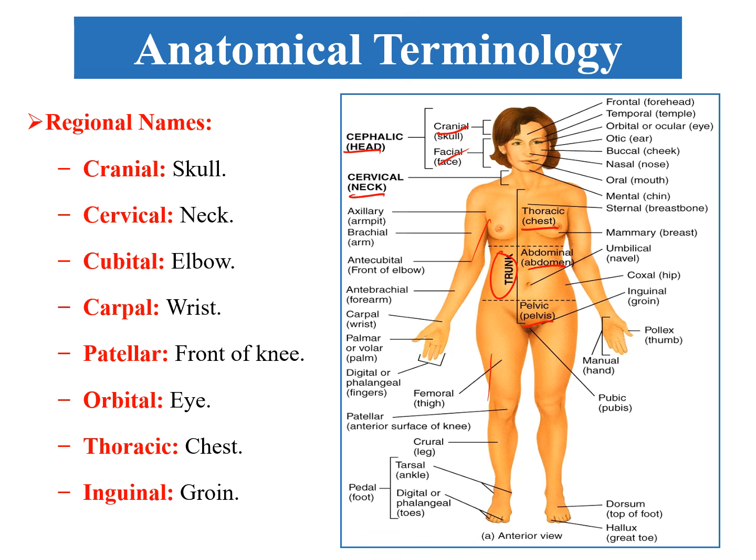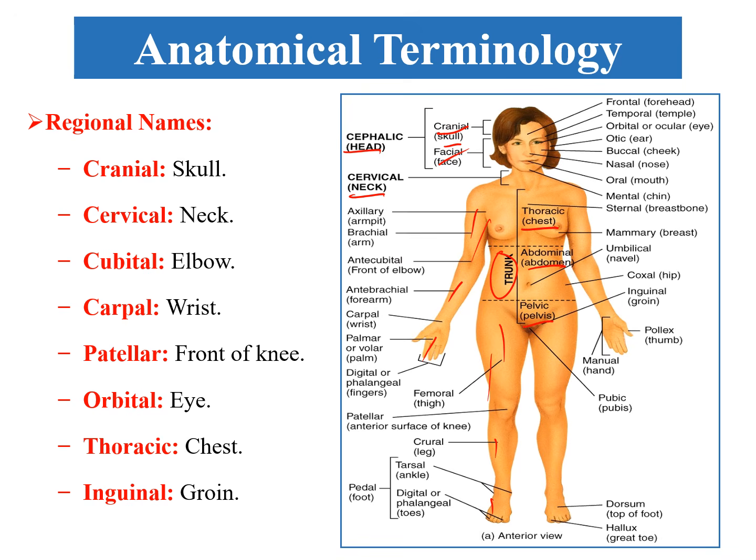Then the upper limbs have different regions. They have the arm, the forearm, as well as the palm, and so on. Then the lower limb has the thigh, the leg, as well as the foot and other parts such as the toes.